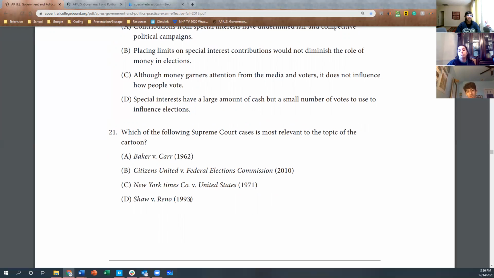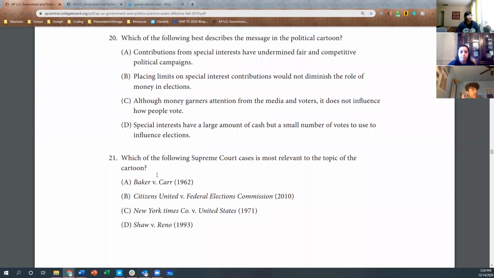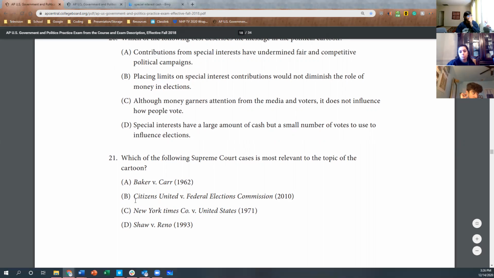Reno rule in favor of the group that gerrymandered? No, they ruled against, because you can apportion with race in consideration, but race can't be the primary or only factor. For Shaw v. Reno, they used strict scrutiny under the Equal Protection Clause. Good. So A and B.